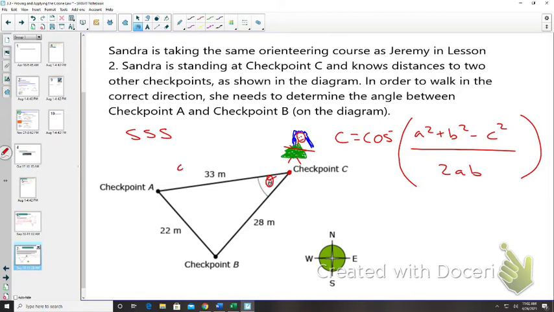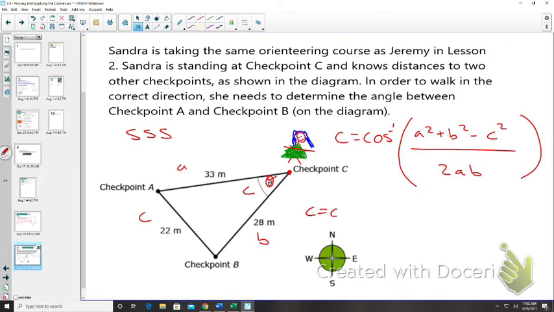I don't really care. But it is important that the angle that we're looking for is across from side C. Okay, so 22 meters has to be our C, and this angle in here is going to be our angle C. Okay, so again, we can enter this into our calculator in one step if we enter it properly.